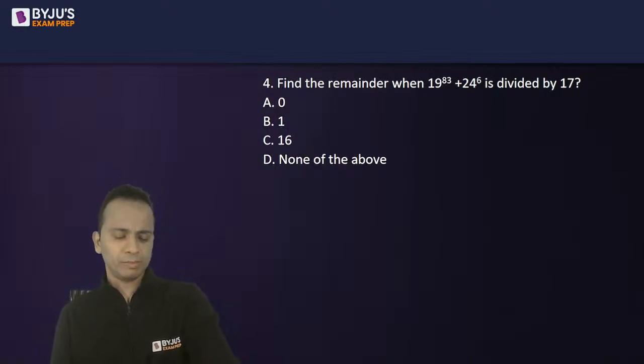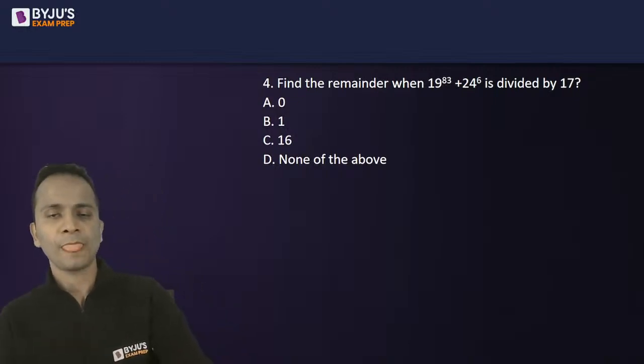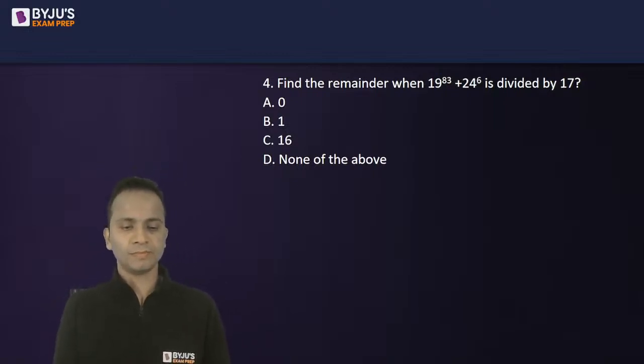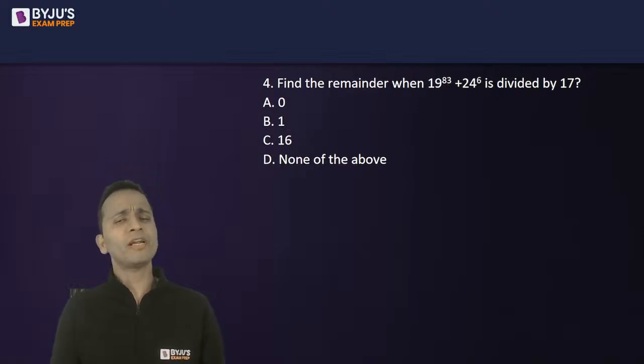These are very simple questions on number systems. Most of the questions that we are doing here have already appeared in actual XAT papers. So these are previous year paper questions of XAT.